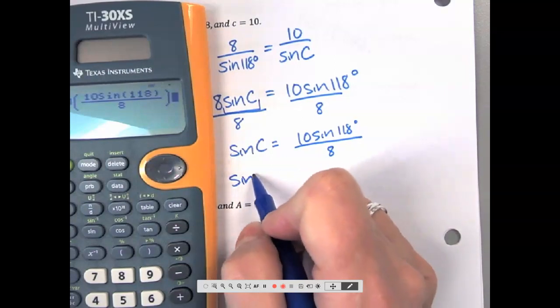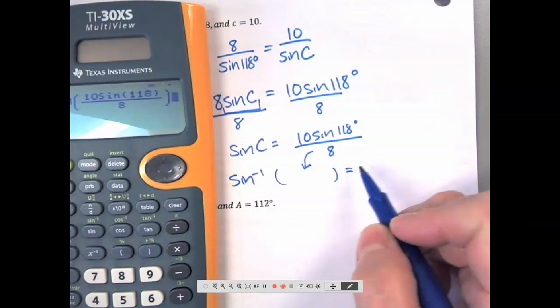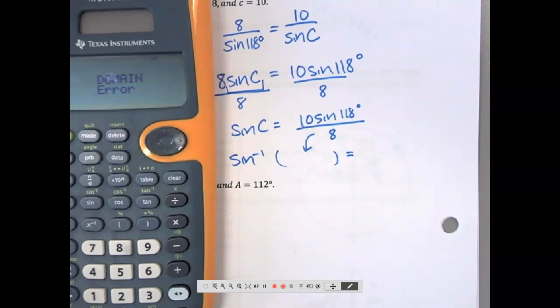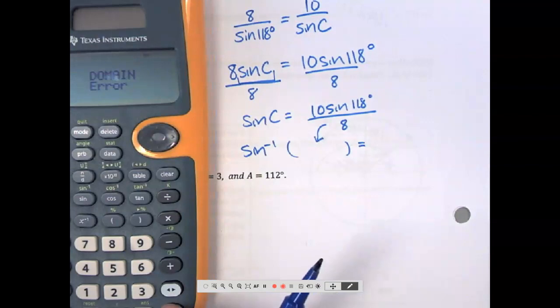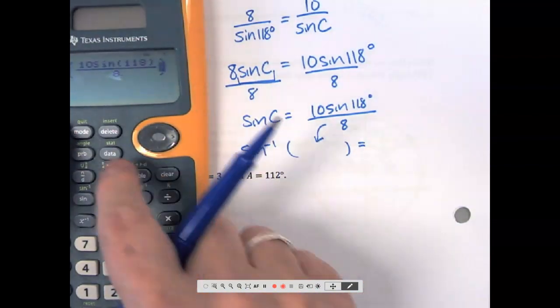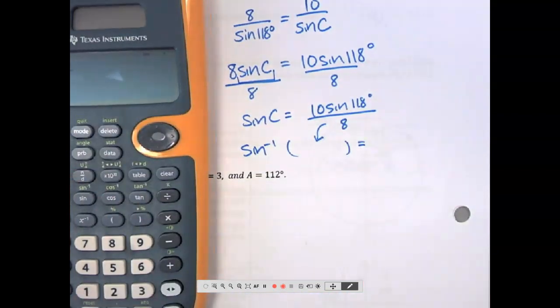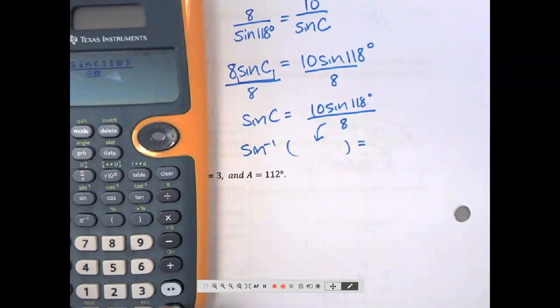And let me write down what I did here. I'm going to put that whole fraction there. And I get domain error. Okay, let's see what this fraction equals. If I just evaluate what's inside there, 10 sine 118 divided by 8, then that number is 1.1.